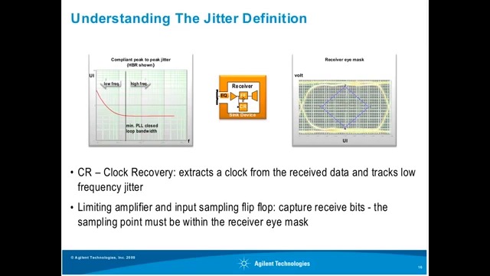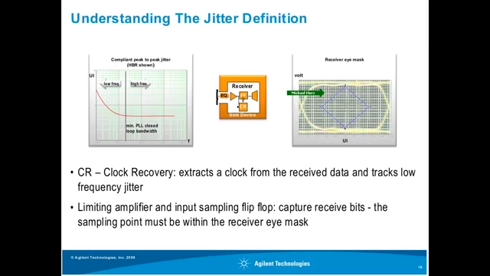So the jitter seen by the flip-flop for sampling bits is really always the eye mask you have on the right-hand side. And the horizontal eye opening of the eye mask matches exactly the flat line in the high frequency area here. So that is how to read the jitter definitions in the standard document.